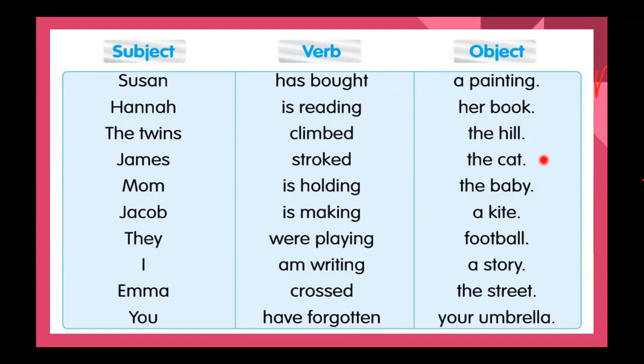What is stroked? Stroked means like you're patting the cat. आप cat को ऐसे सहला रहे हैं. Cuddle is different. So stroking is आप जब सहलाते हैं cat को, with your hands, gently. So that's called stroking.